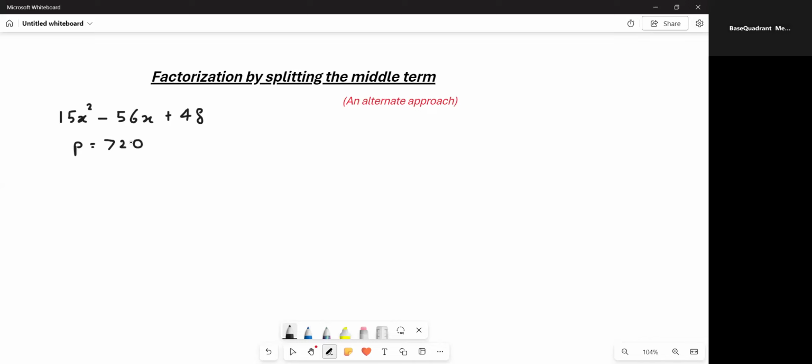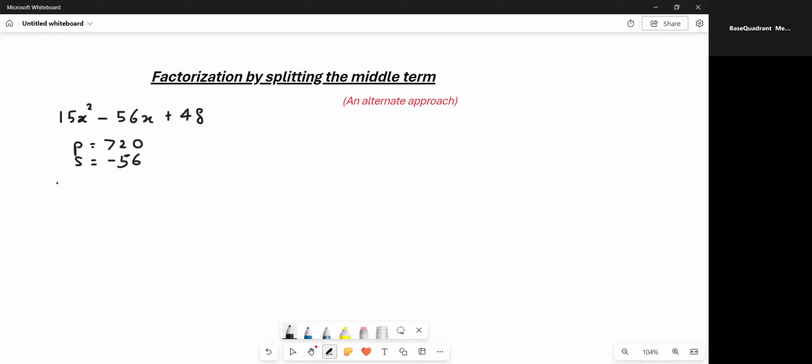The product is 720 and the sum is the coefficient of the middle term, that is minus 56. So the sum is minus 56. So it will be a little difficult here to factorize 720 and find the numbers whose sum is minus 56.